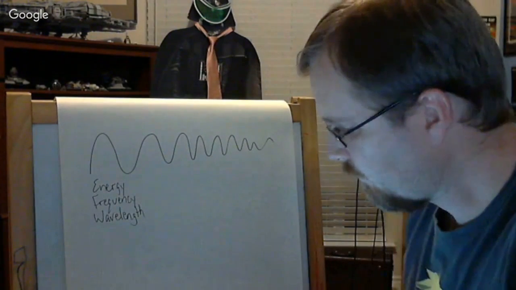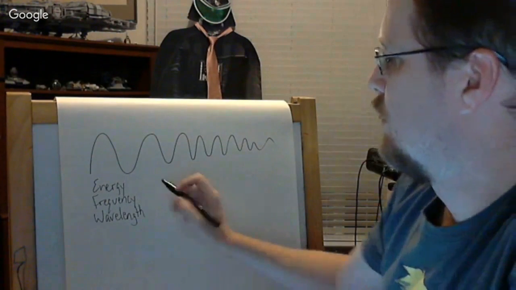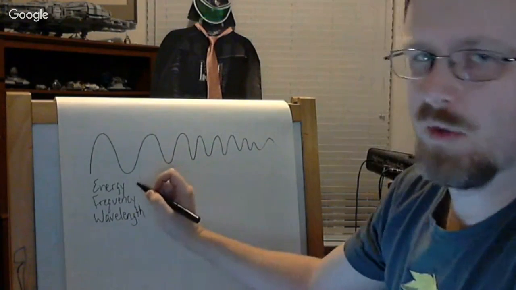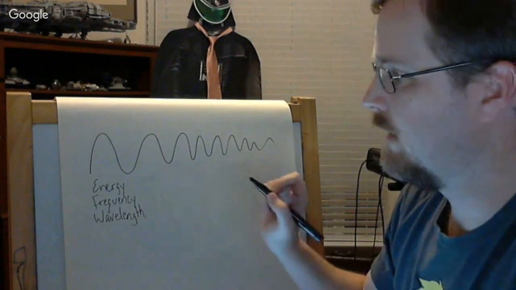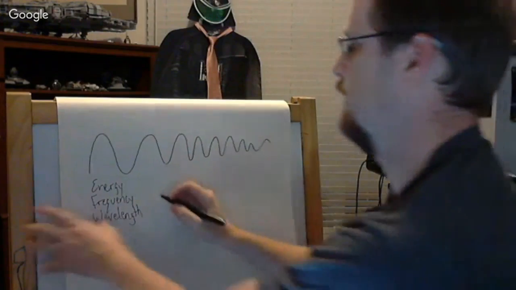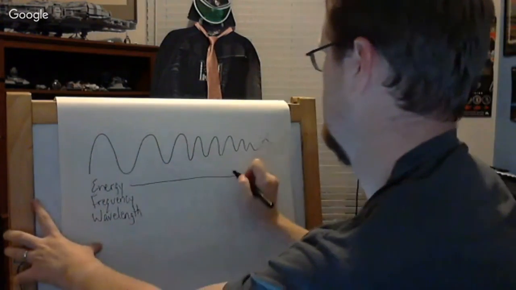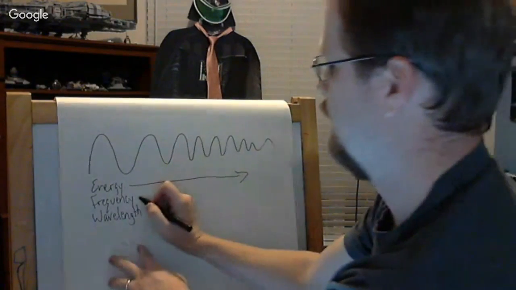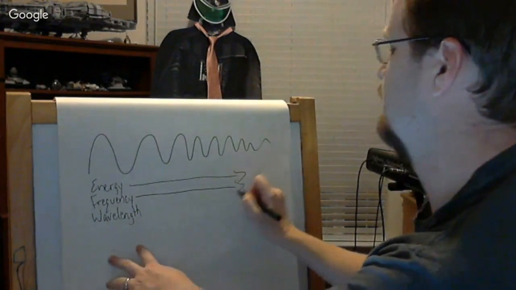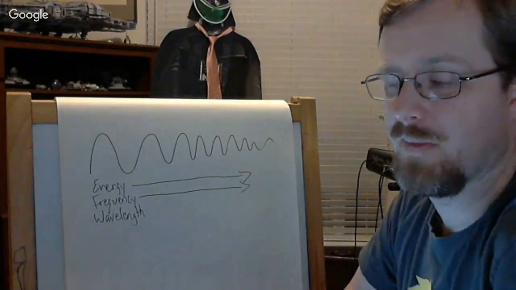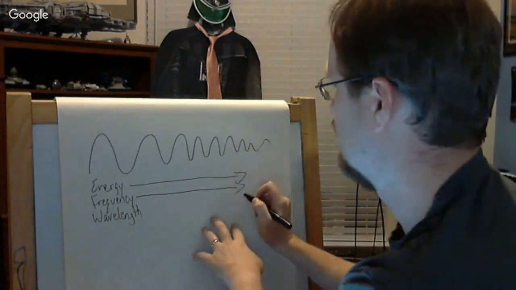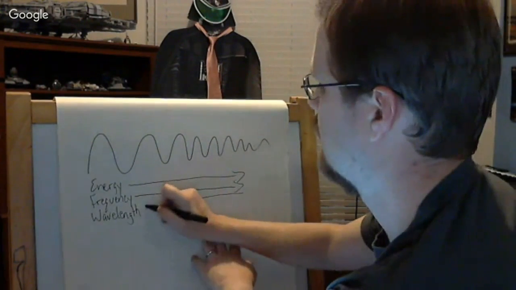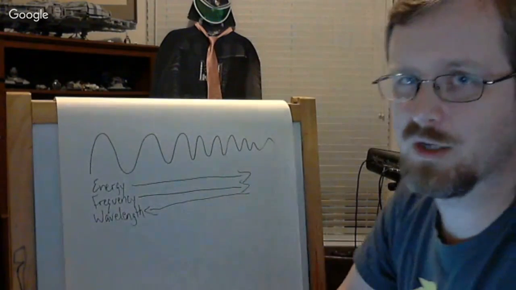Okay. So you need to remember the direction in which all of these increase. Okay, so energy increases in this direction. Frequency increases in this direction. Wavelength increases in the other direction.